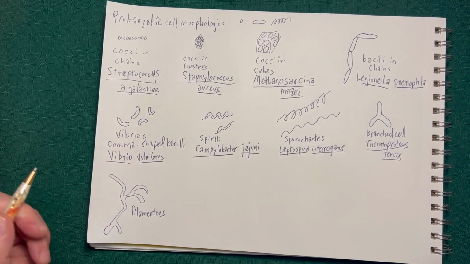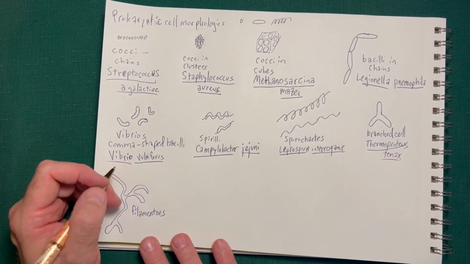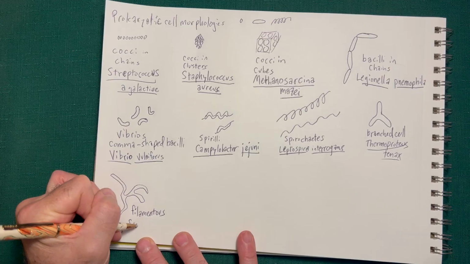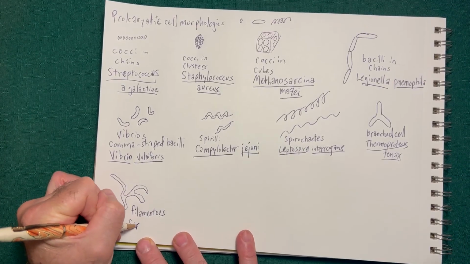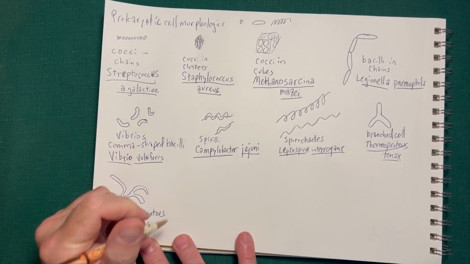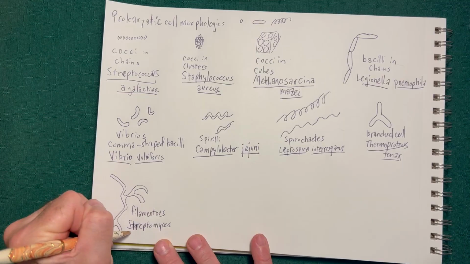Filamentous is a growth habit that we see in the fungi, which are, of course, a eukaryotic kingdom. But there are some prokaryotes that can also have something like a filamentous habit.